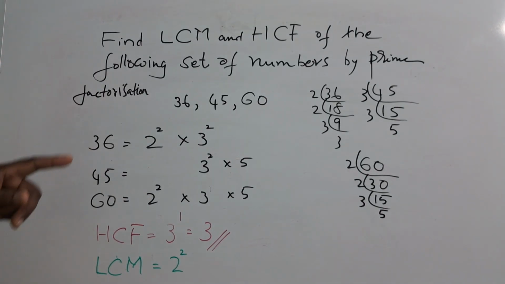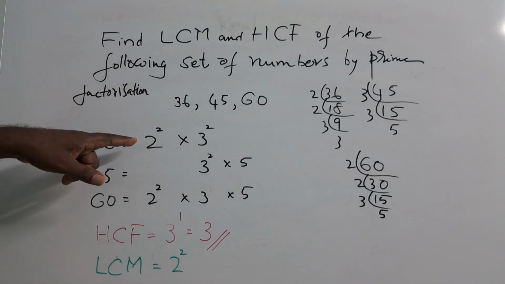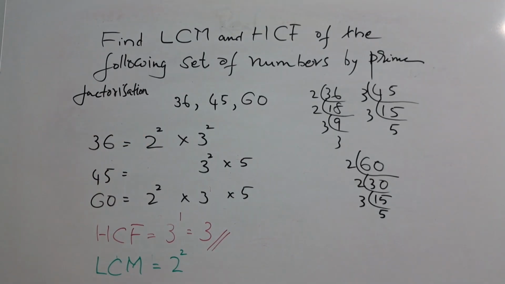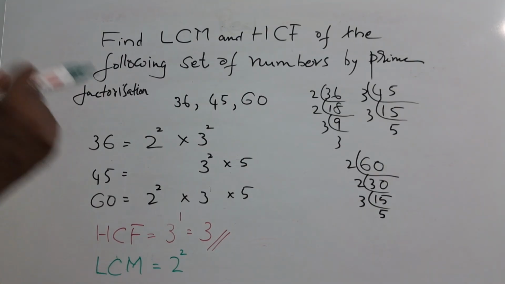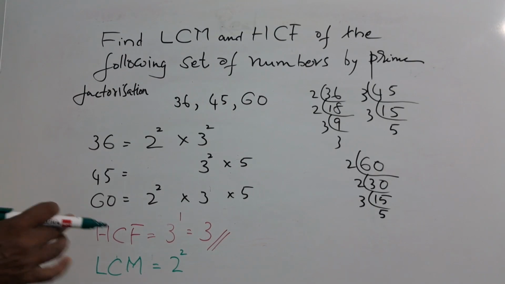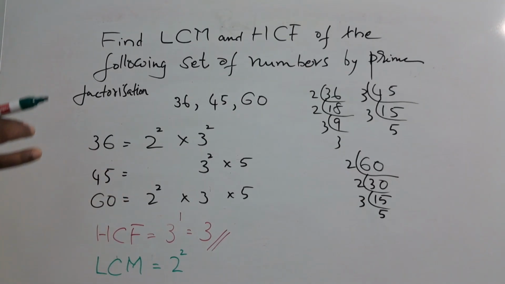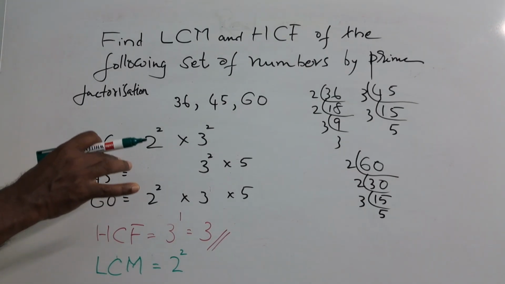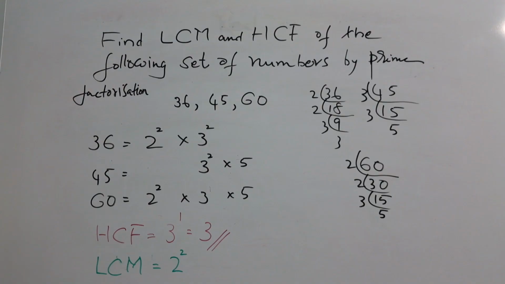See, if one number has a prime factor of 2 square and another number has 2 cube, that is 2 into 2 into 2, as prime factorization, then you need to consider 2 cube for LCM, though 2 is not a factor of one of the numbers.